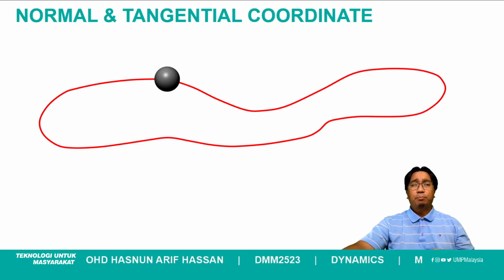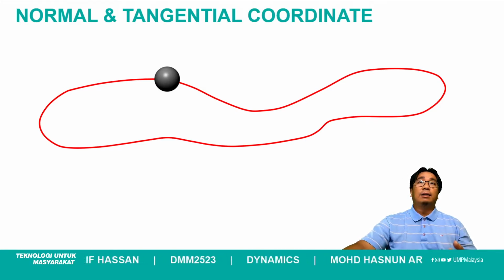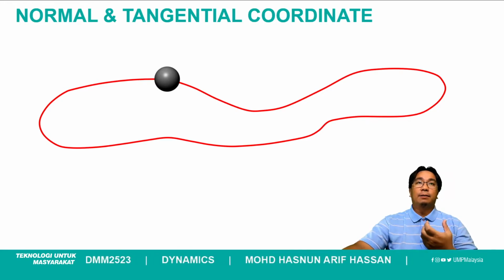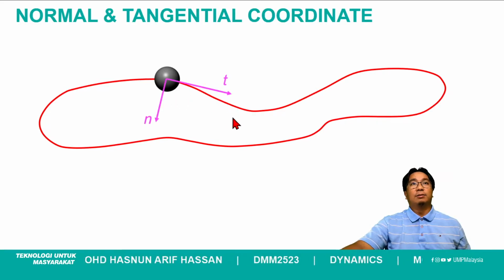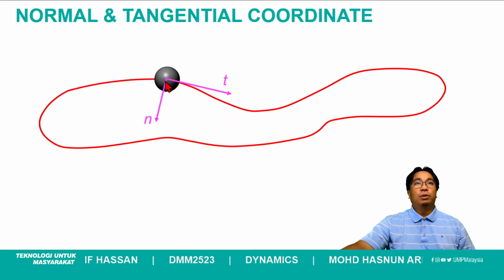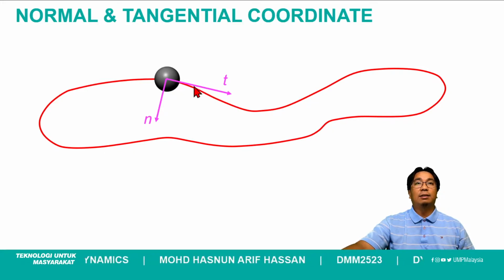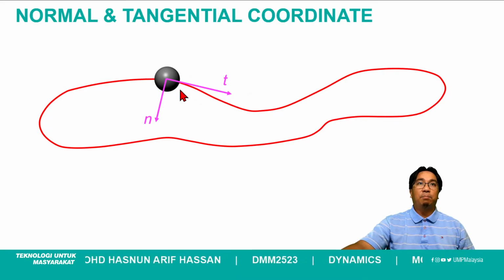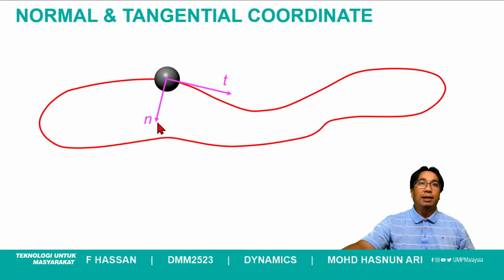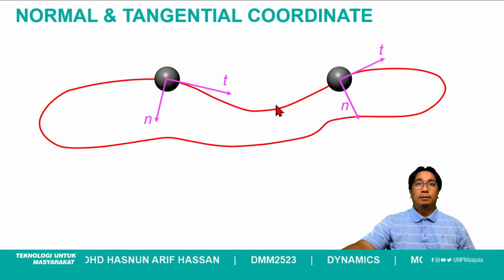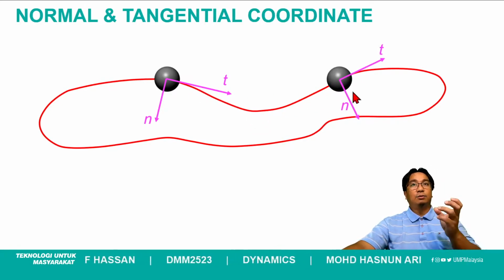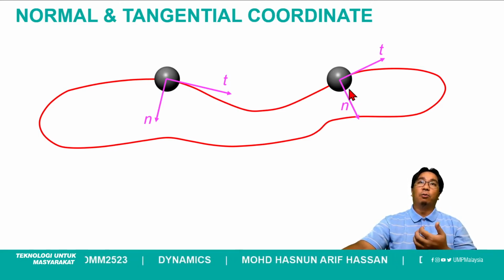So apabila kita ada problems related to curvilinear motion, then most of the time we will use normal and tangential coordinate. Normal and tangential coordinate ini dia berubah-ubah mengikut position of the particle. So let's say we apply our normal and tangential coordinate at this point. So tangential axis will be tangent to the path here. Normal axis will be 90 degrees pointing towards the center of the arc. Dan apabila partikel ini bergerak, the axis will also move together with the particle.